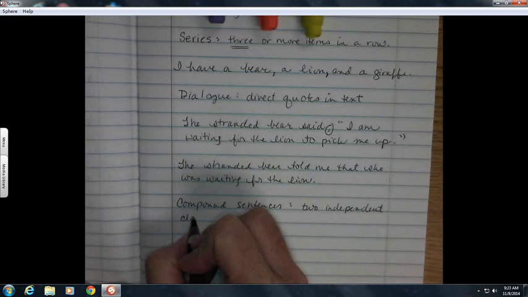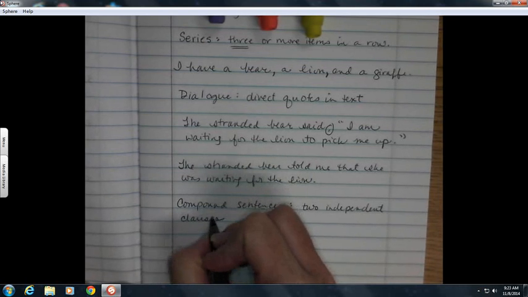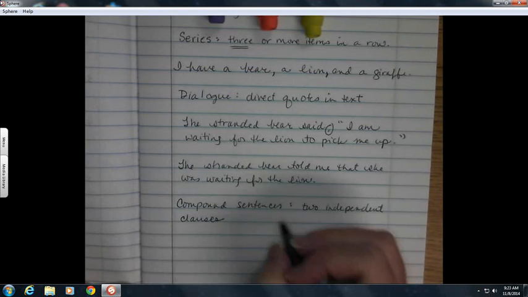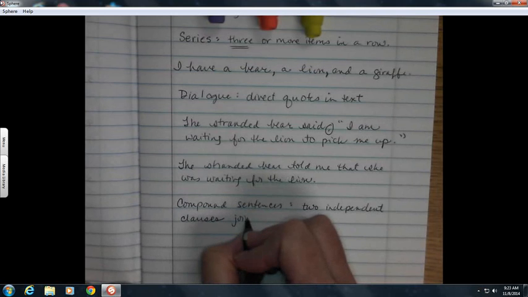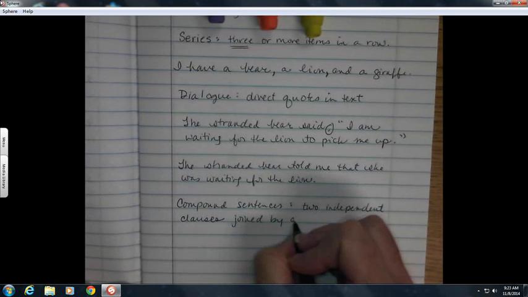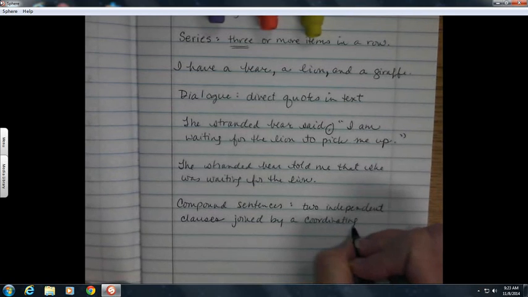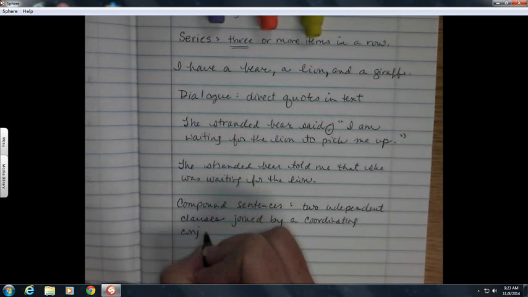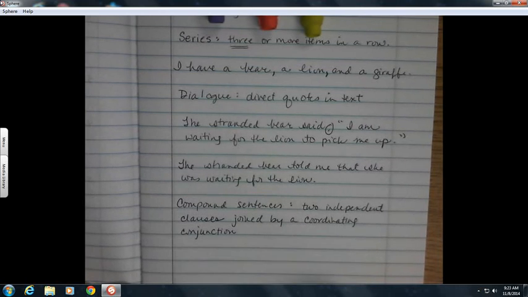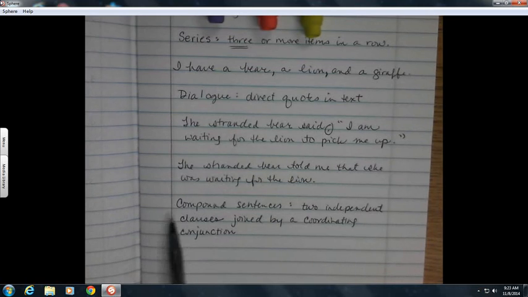But in this case, we have 2 independent clauses joined by a coordinating conjunction. Now, I know you have told me that I write too fast in my notes. Of course, you can always pause or rewind, but I'll give you a second to catch up and repeat it. Compound sentences, that's when you have 2 independent clauses joined by a coordinating conjunction.